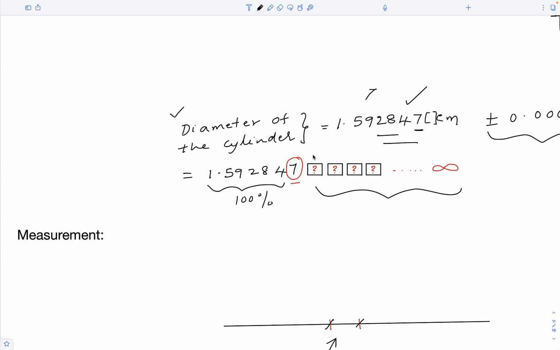So we do not know the value of this digit. It could be a 1, it could be a 5, or it could be any other digit. We have to figure out the value of this digit by using a more precise measuring device. But because we do not know its value just yet, can we assume that its value is 0? Or can I say the diameter of the cylinder is 1.5928470 centimeters?